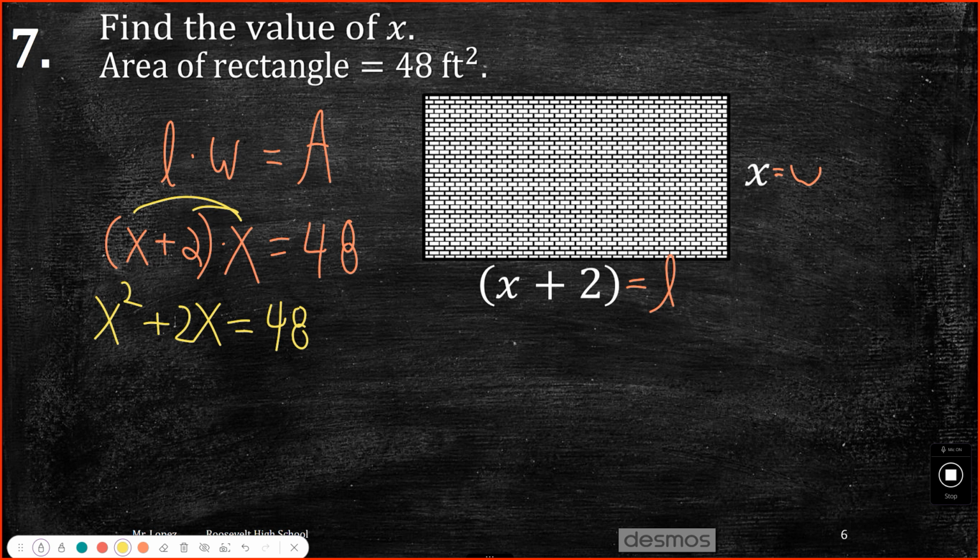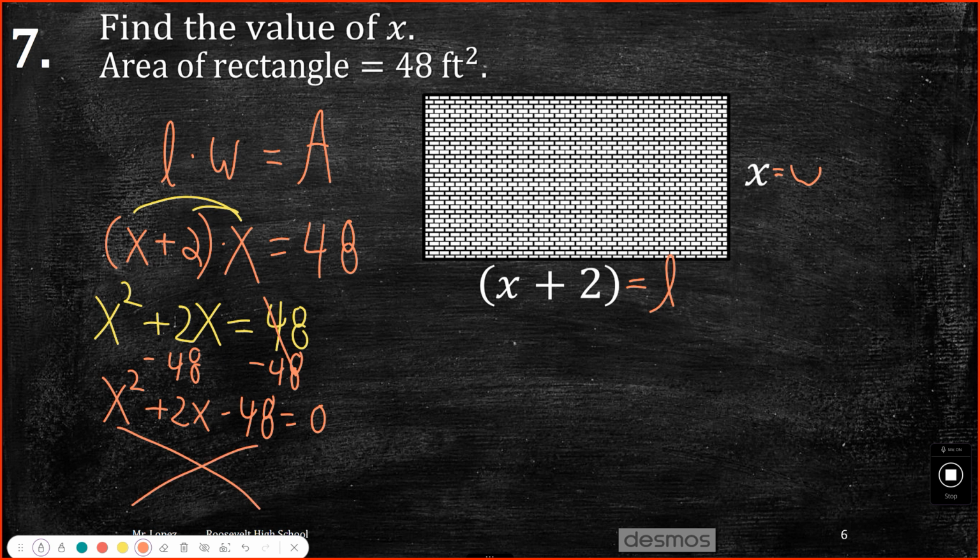And now we can use the x method if we can. Let's move it over. Minus the 48. And then we can do the x method. What goes at the bottom? And what goes on top?